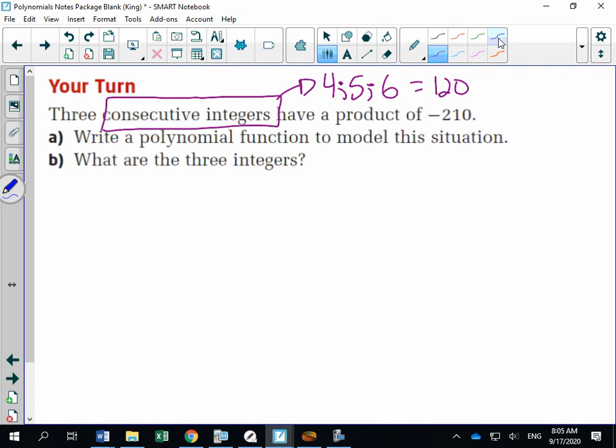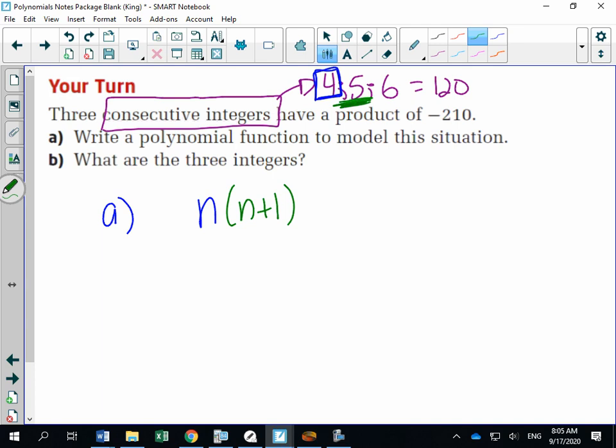I'm going to call the first integer n. Then if I had to come up with a formula for 5, that would be 4 plus 1, right? So what would 5 be? It's 4 plus 1, or n plus 1.